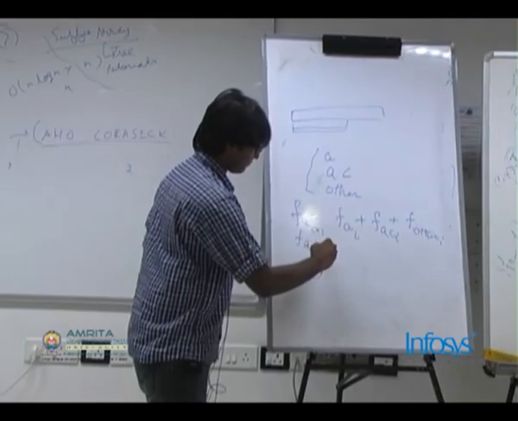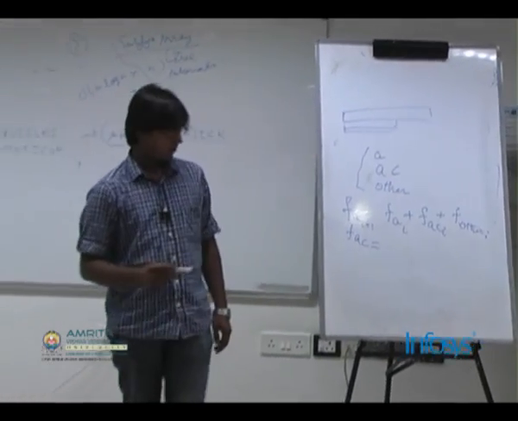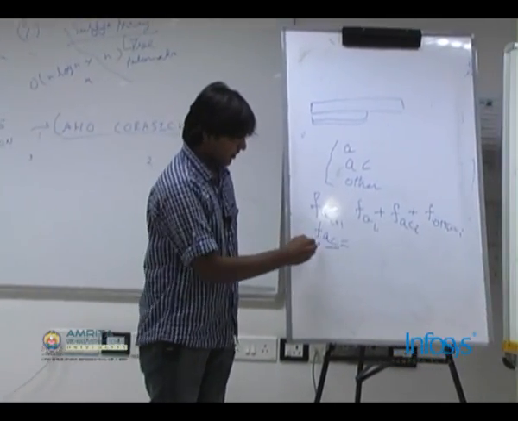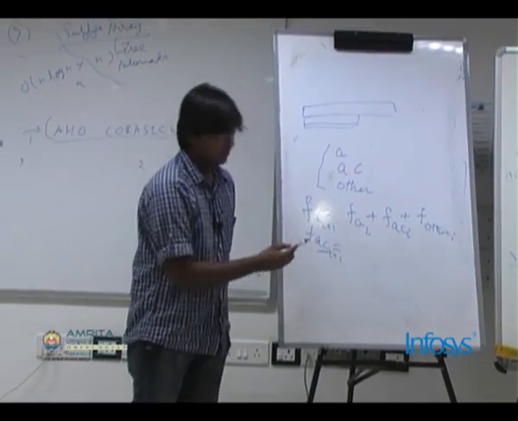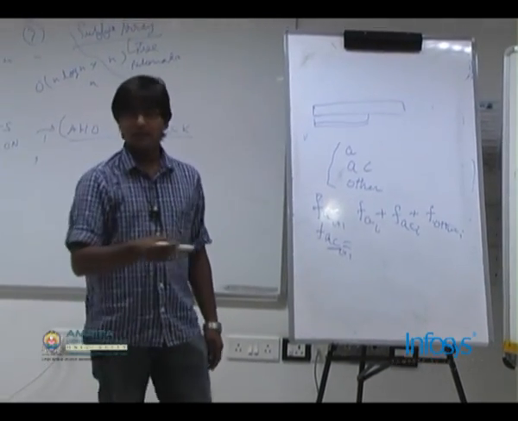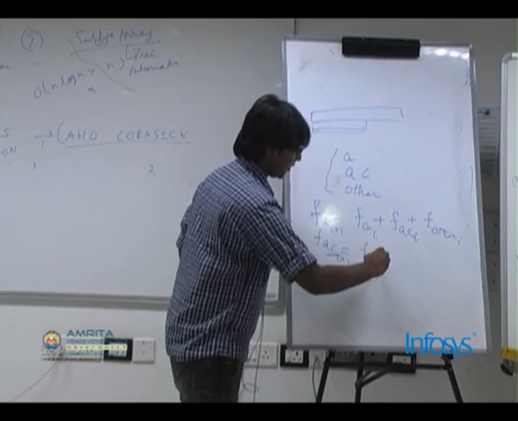Now we'll calculate it for AC. To end up with AC, the previous character should be A, so it would be directly equal to f of A at i.